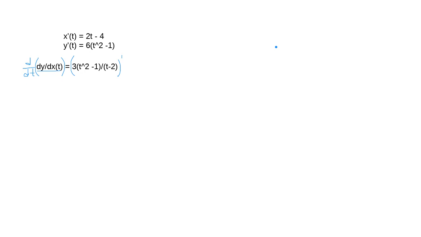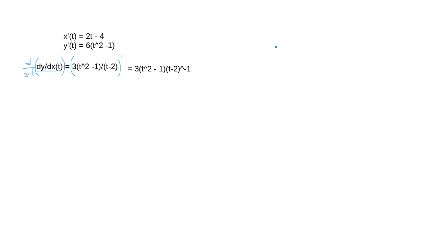I can think of this function as... you could use the quotient rule, but I don't want to remember the quotient rule. So what I want to do is 3 times t squared minus 1 times t minus 2 raised to negative 1.